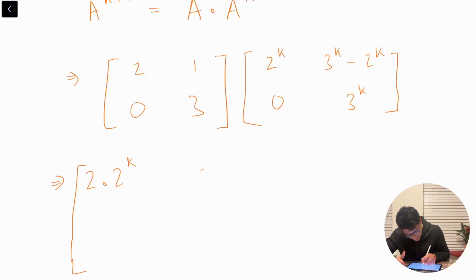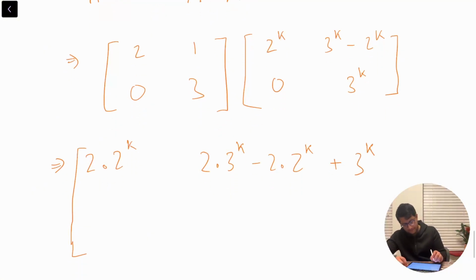Which is going to be 2 times (3^k minus 2^k) plus 3^k. The bottom left one's going to be 0. The bottom right one's going to be 3 times 3^k.